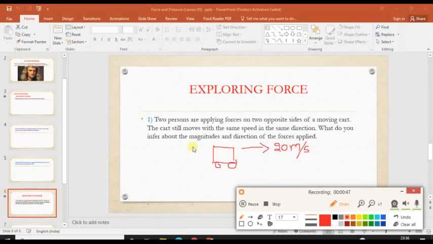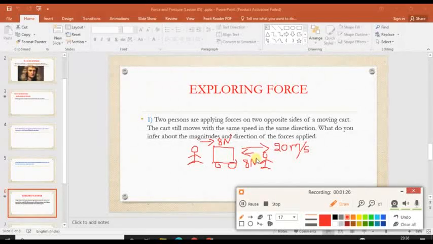Okay, one person comes here on the left side, and he is going to push the cart towards the right with a force of, let me say, 8 Newton. Another person comes on the right side and he is going to push the cart with a force of again 8 Newton.